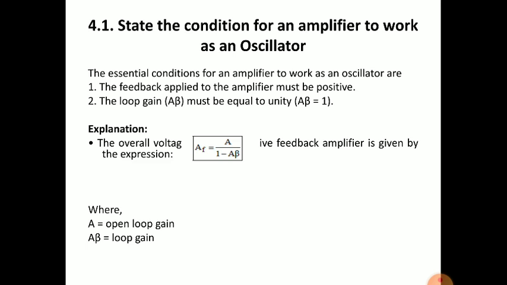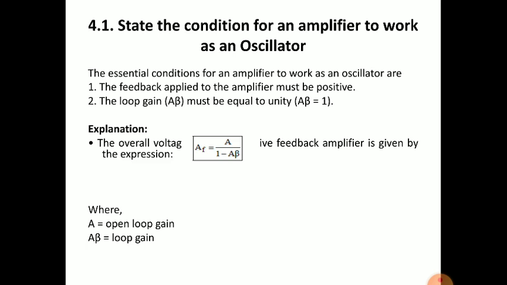But what happens in the case of an oscillator is that we are not giving an input signal from an external source, but we are giving the DC source, that is bias voltages, which will be converted into AC energy. The DC energy we supply to bias the circuit will be converted into the AC signal.